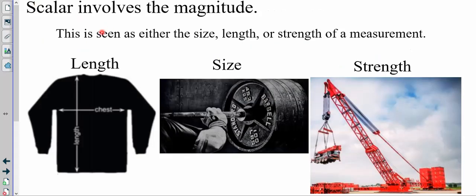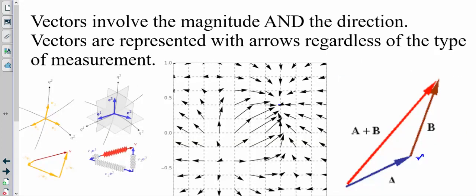As a brief friendly reminder, when it comes to scalars, we don't care about the actual direction. It's just all about the size, the length, or the strength of the measurement. Those are just examples there as a visual, whereas vectors actually involve arrows. When I say arrows, I literally mean something that you see here. Eventually, we're going to get into two-dimensional vectors, and you're going to have to do some triangle diagrams.